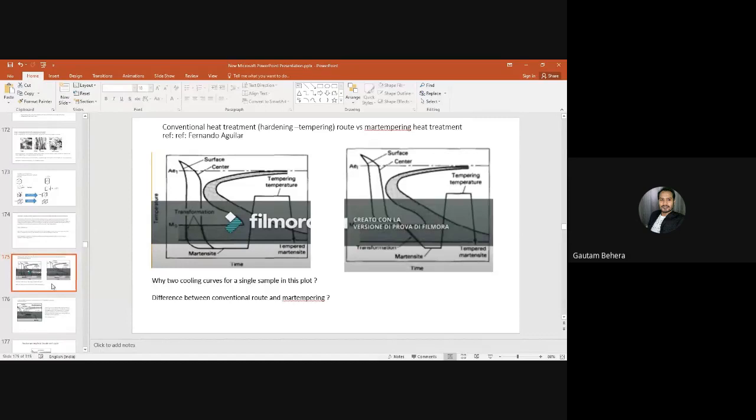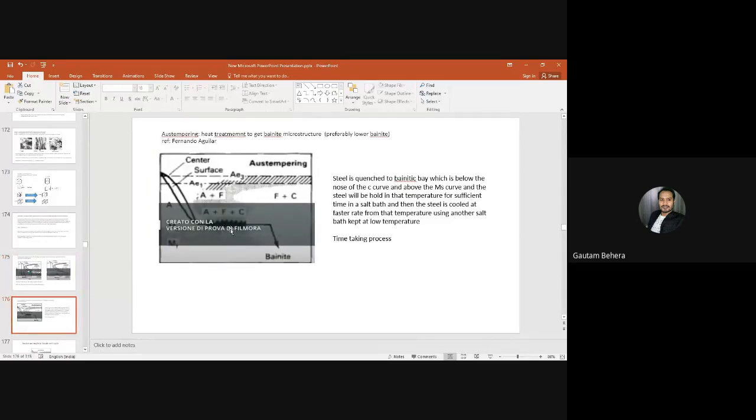Suppose you look at this one. If you are heating the steel again and holding the steel at this temperature for a certain period of time, listen carefully.